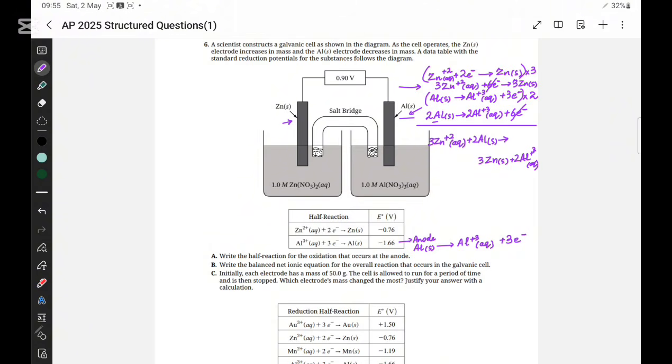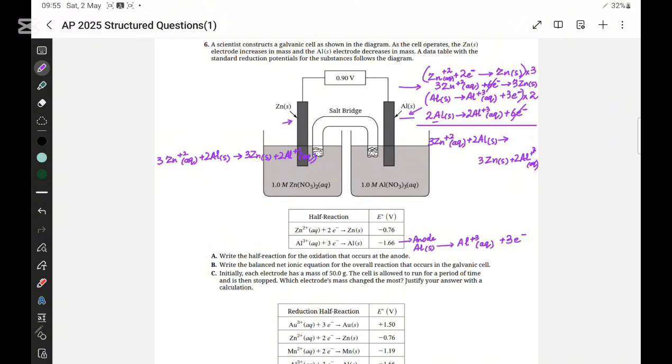I'm going to write the final net ionic equation here.